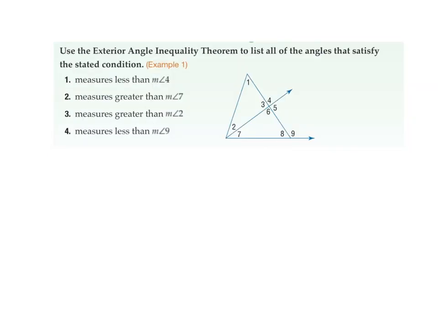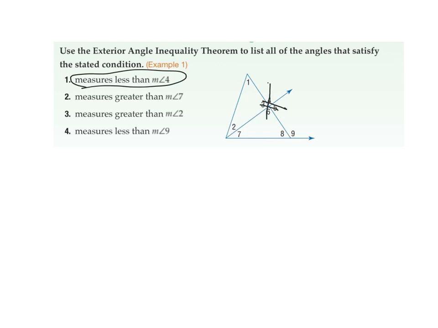All right, so let's have a look at from the previous example. What we're after is which angles are less than angle 4. Well, we know from the past experience that angle 4 and 6 are vertical angles, so they are congruent. From the diagram it looks like angle 4 is a right angle, but you can't assume it, so you can take 3 and 5 out because you don't know whether it's a right angle or whether it's bigger. There's nothing to know from the notification of it.